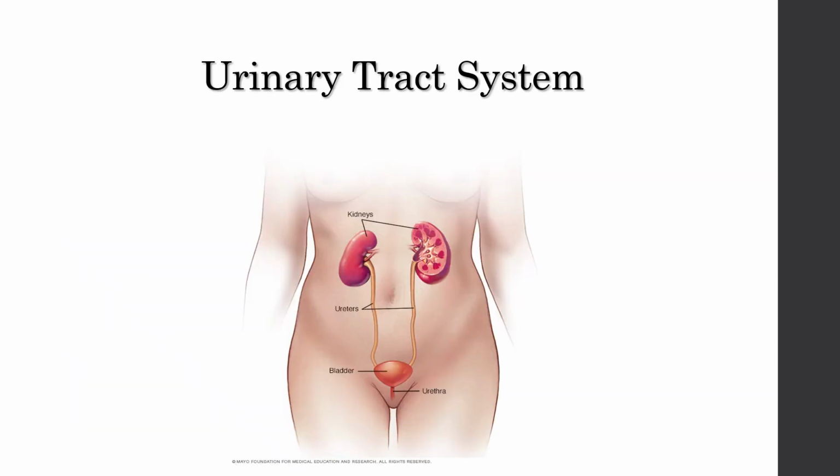So before we jump into pathology, we need to ground ourselves in normal anatomy. The urinary tract system includes kidneys for filtration and regulation, the ureters for transport, bladder for storage, the urethra for elimination, okay? From a pathophysiology standpoint, the kidneys do the heavy lifting. Everything downstream, the ureters, bladder, urethra, mostly deals with obstruction, infection, inflammation, or tumors.